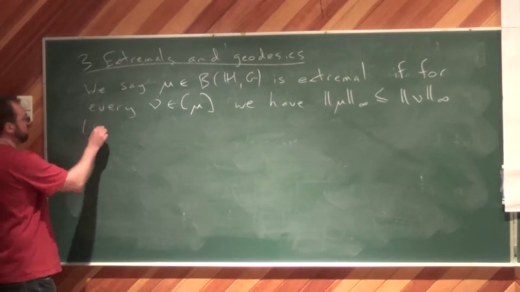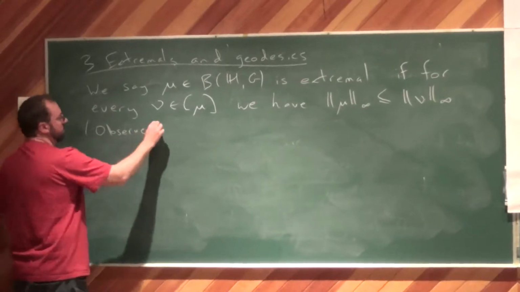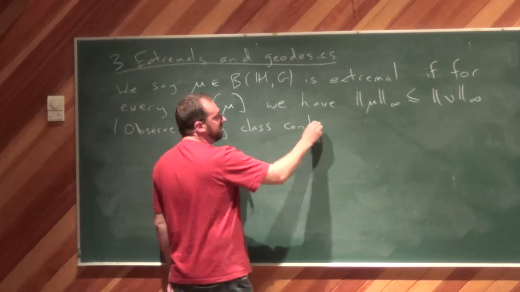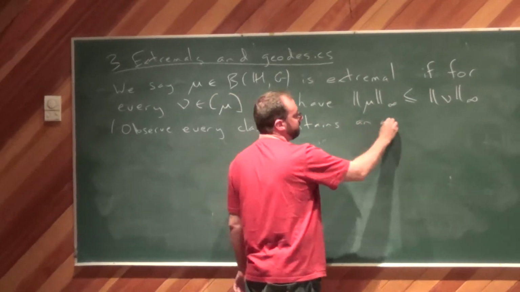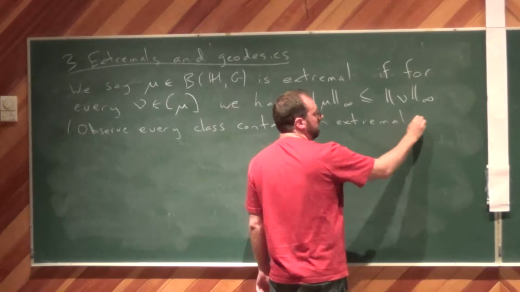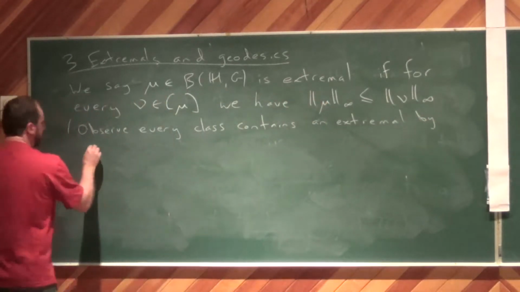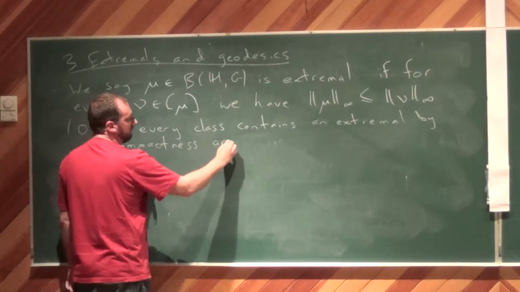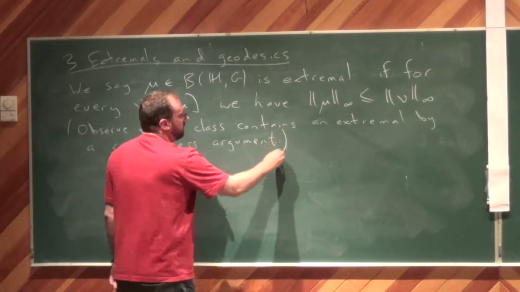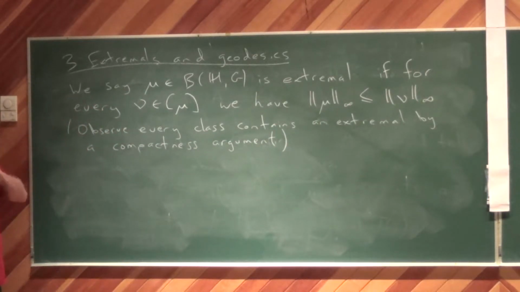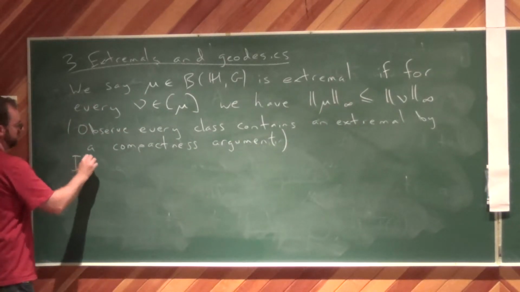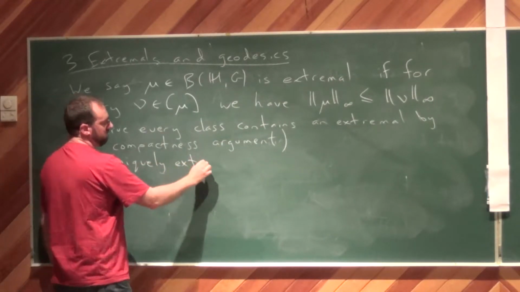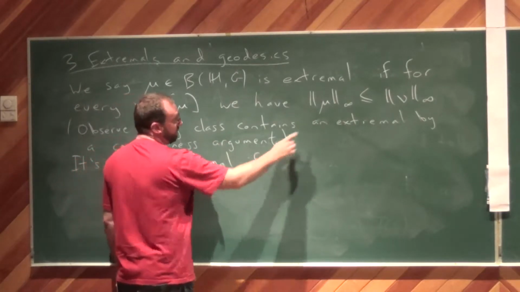And observe every class contains an extremal by a compactness argument, and we also say it's uniquely extremal if we have a strict inequality here.